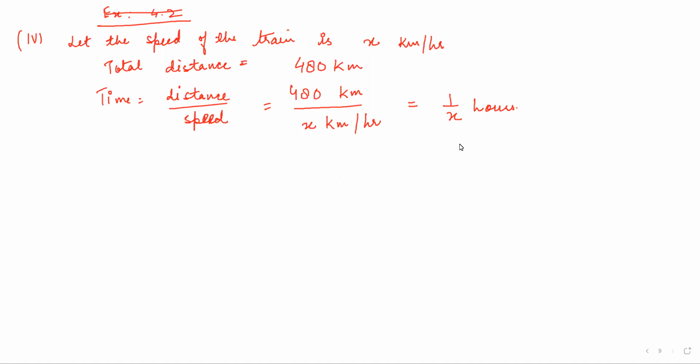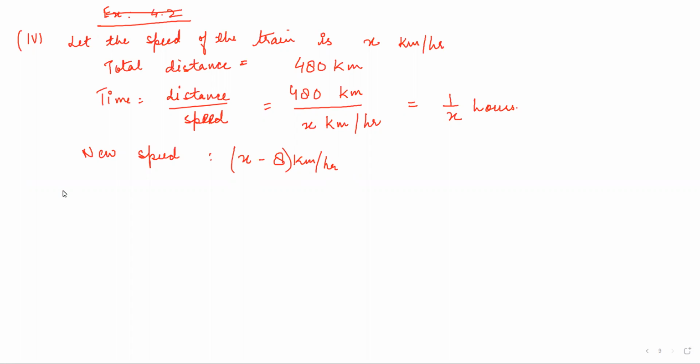If the speed had been 8 kilometers per hour less, that means the new speed is what? Earlier speed was x. Okay, new speed is x minus 8 kilometers per hour. Understood? Yes, ma'am. So the new speed is this, because total distance is same, but speed has changed.